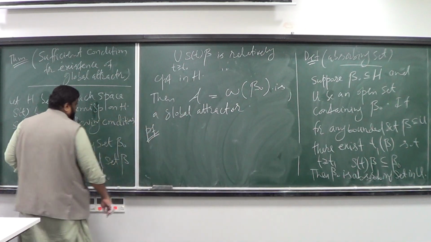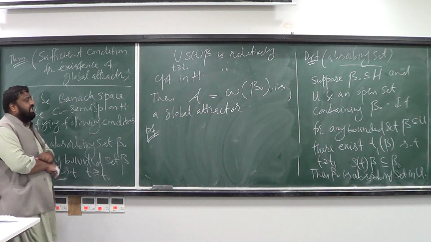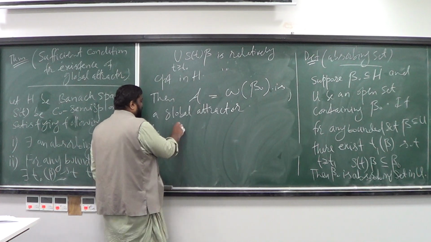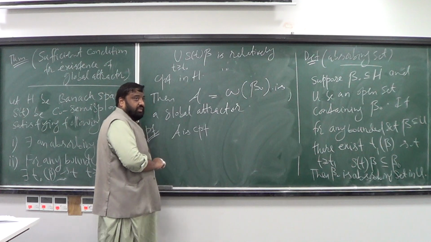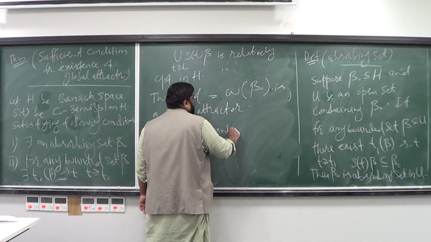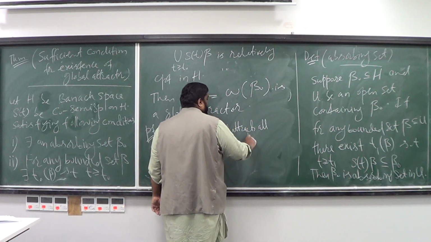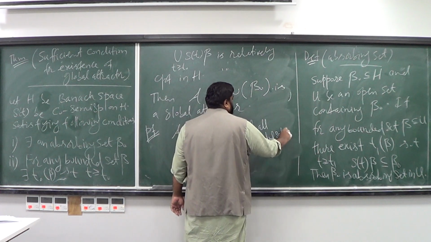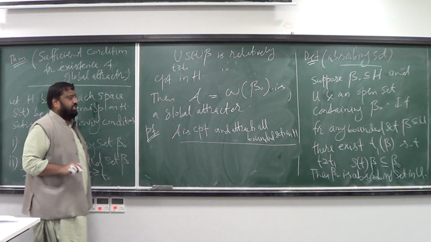If you remember, in order to prove that A is a global attractor, we need to show three things. We need to show that A is a compact set, okay, and it attracts all bounded sets in H. Okay, so these are the crucial conditions that it must satisfy.